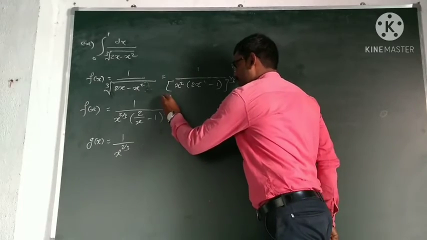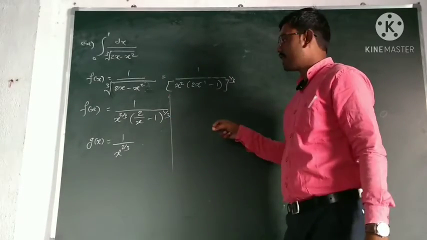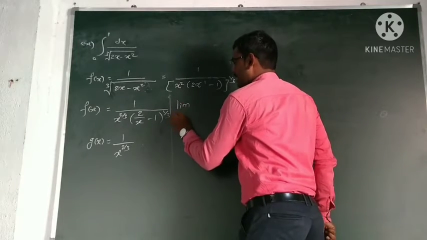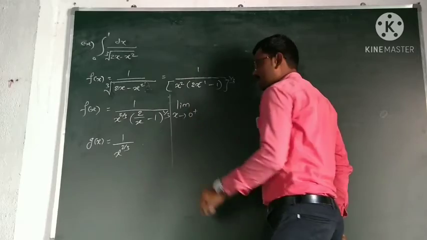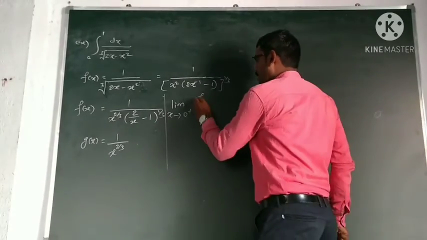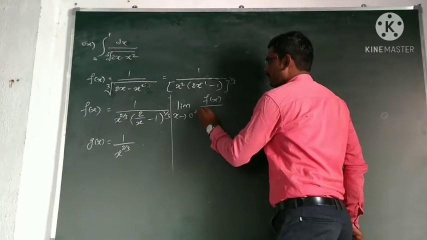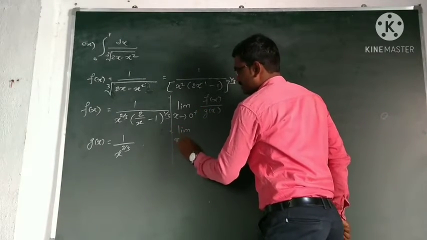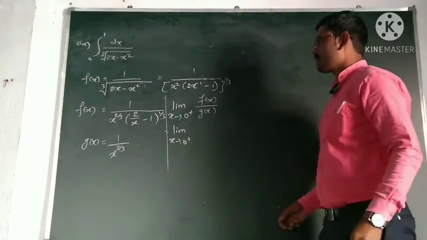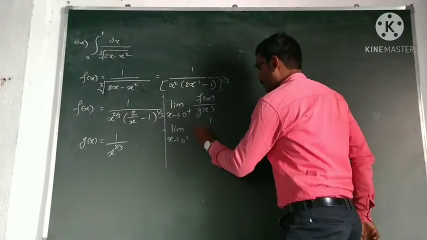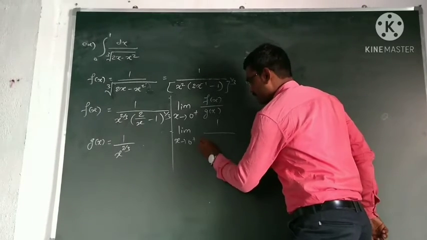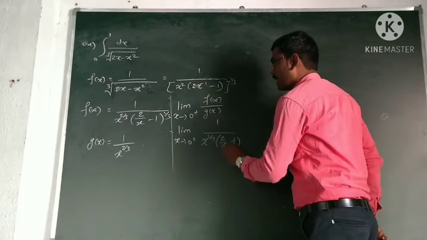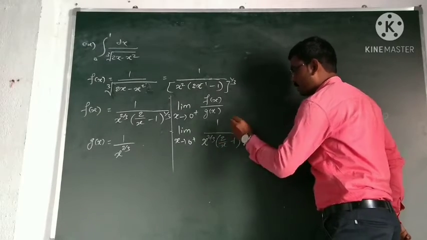From this we can find f of x upon g of x, or calculate the limit as x tends to 0 plus, because 0 is the singular point, of f of x upon g of x. What is f of x? f of x is 1 upon x to the power 2 by 3, times 2 by x minus 1 raised to the power 1 by 3.